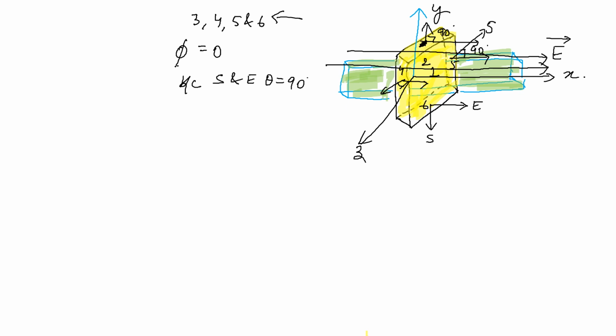But if you see it is going straight and this is going in this direction, they are making 90 degrees. So all of faces 3, 4, 5 and 6 make 90 degrees. Hence, the flux contribution is 0. But in face 1, here, the surface area is like this and E is in this direction. E and S are anti-parallel.